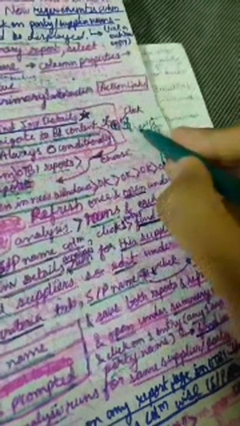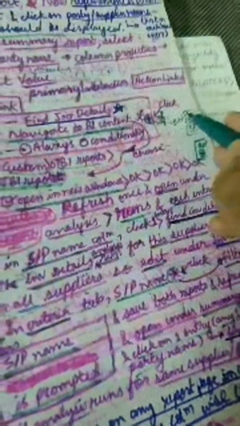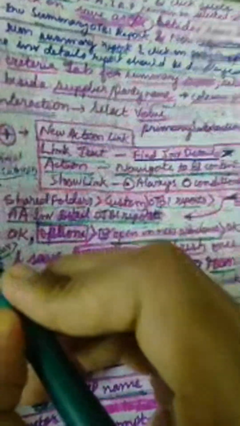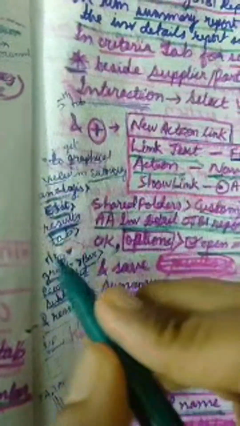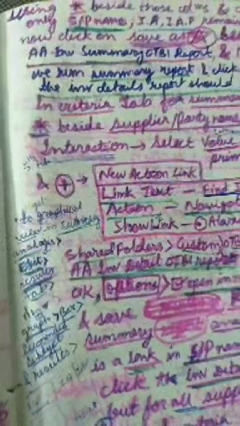So click on the results tab, and now on the top you have this kind of symbol, a bar kind of symbol with a plus. It's the same thing that we use to create a folder.